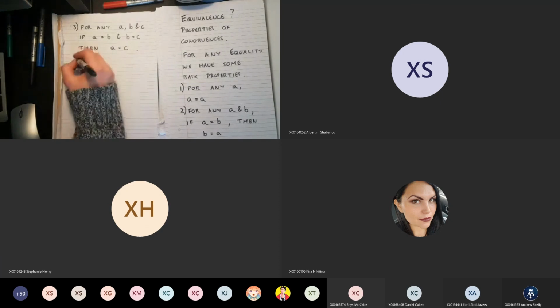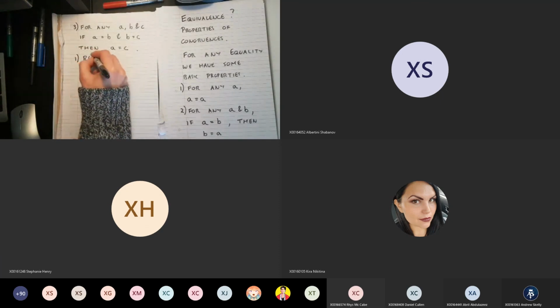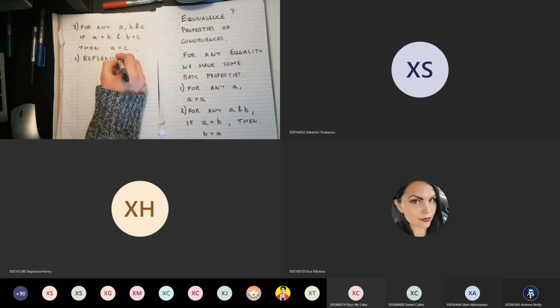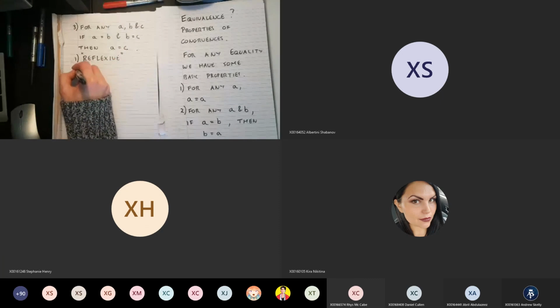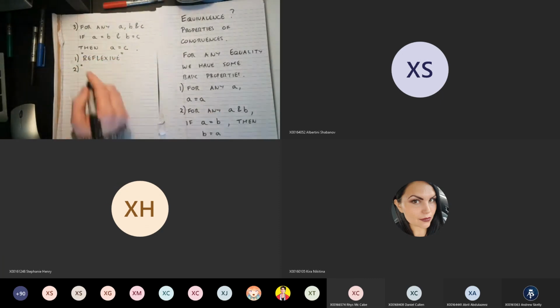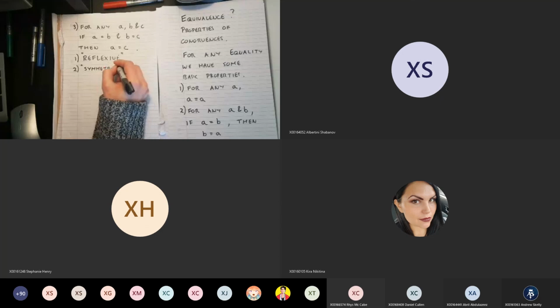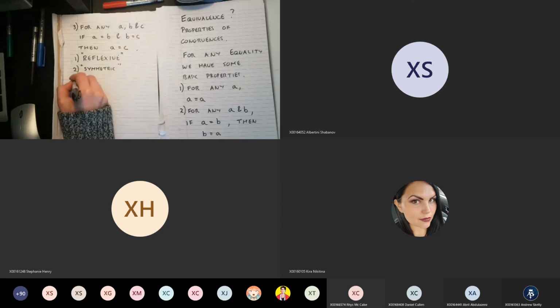These have names. One is called reflexive. Now, you don't need to reproduce these names. I'm just giving them to you if you want to Google them. Two here is called symmetric, and three is called transitive.